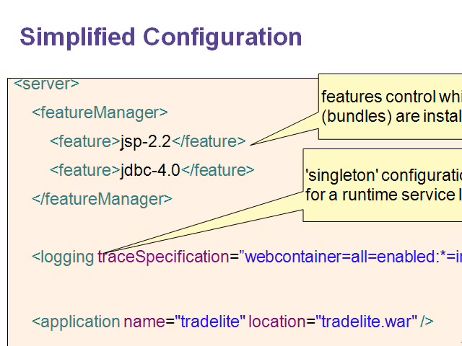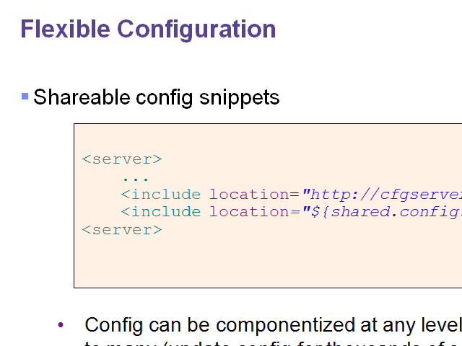So there is logging, for example, which is a singleton configuration. And there are instance configurations which are of the nature that are instance-based. For example, you have an application, TradeLite, and then you can have several other applications. You have a data source, you can have several other data sources. So these are instance specifications which you can also make in server.xml.